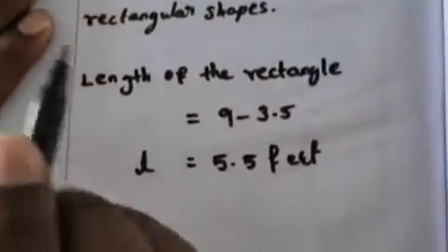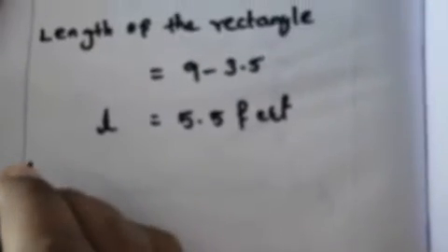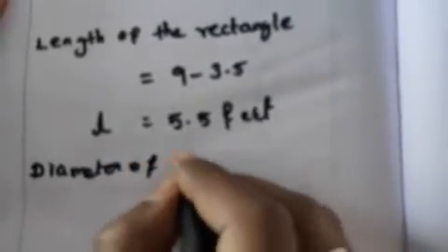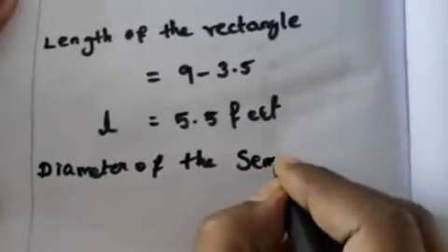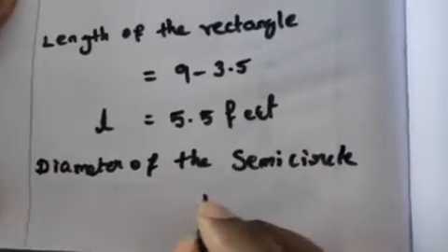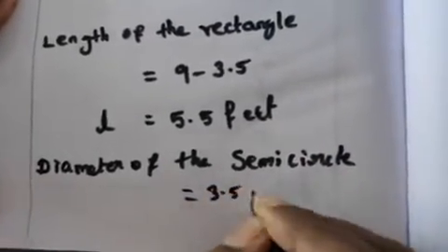How to find the diameter of the semicircle? If you look at this picture, the width of the rectangle is the diameter of the semicircle. Here they have given the diameter, but we need the radius for the formula. Therefore the diameter of the semicircle is equal to 3.5 feet.